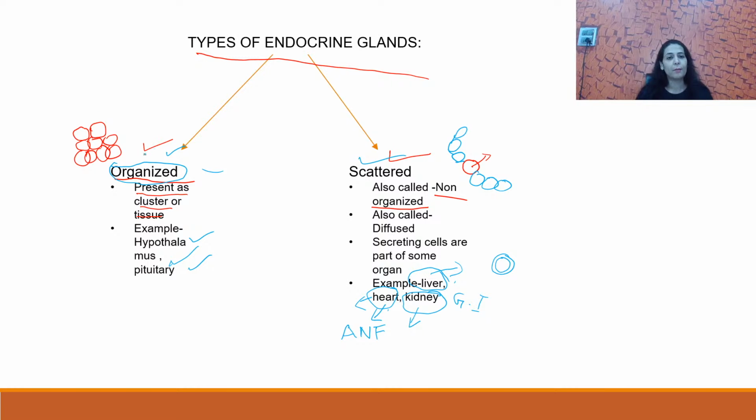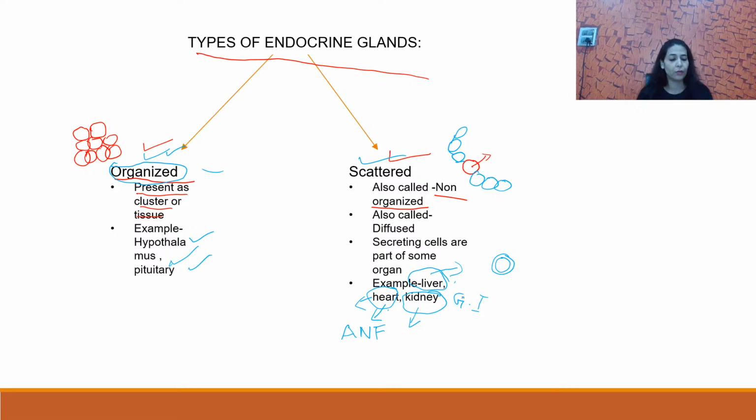Remember, organized are the ones present in clusters. Non-organized are the ones in which, in the whole tissue, a few scattered cells act as endocrine glands. The examples of organized are all your major endocrine glands that you are going to study, such as the hypothalamus and pituitary. In non-organized, the liver, the heart, the kidney and the GI tract mucosa also produce certain hormones.